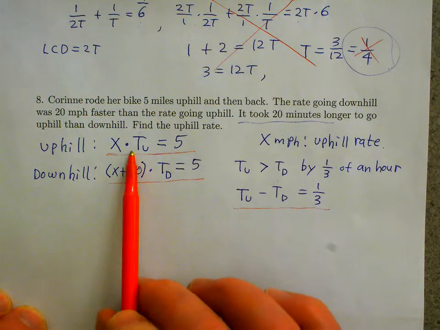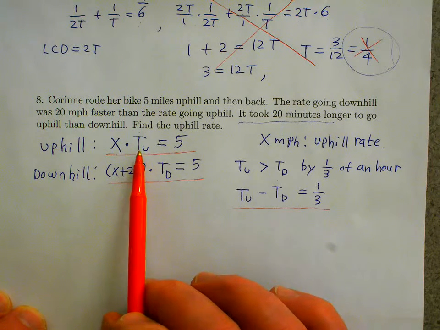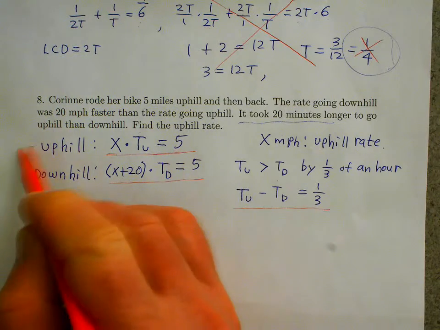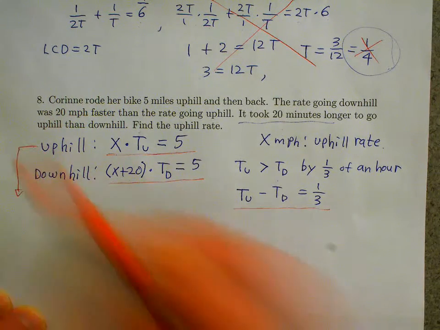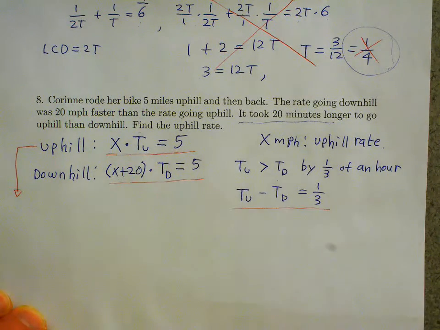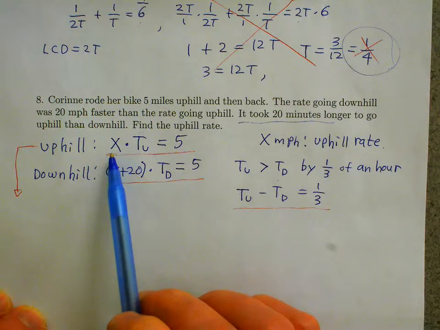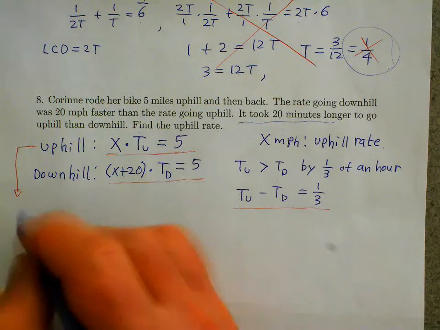So the top equation, x times t sub u equals 5, if we solve this for t sub u, divide both sides by x, in other words.